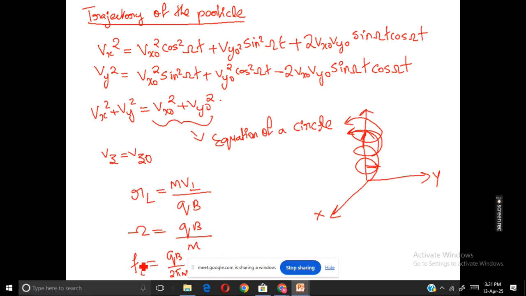So radius of gyration, angular frequency, cyclotron frequency. This is the frequency with which the particle is moving along the z direction while creating a circle in the xy plane. The cyclotron frequency is given by qB by 2 pi. The radius of the circle is known as the radius of gyration, and the frequency is known as the cyclotron frequency.